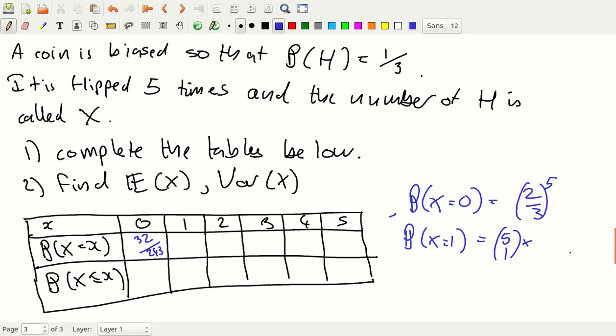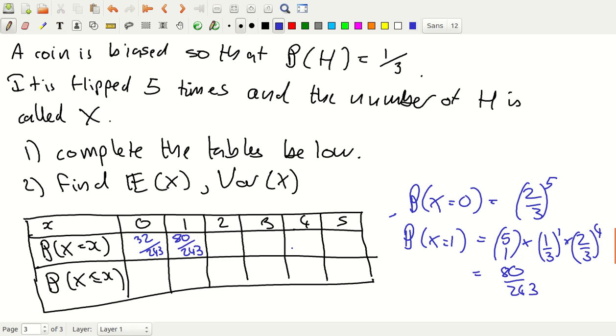Well, in any of those specific options you've got to have tails coming up in 4 specific places, that's 2/3 to the 4th, and heads coming up in 1 specific place. So that's 1/3 to the 1 times 2/3 to the 4th. So all of that comes out as 80 over 243. So I'll put that in as well.